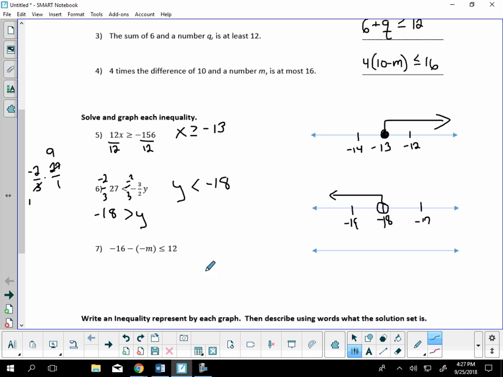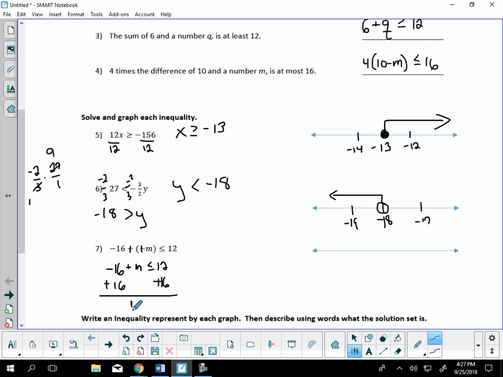On number 7, remember, 2 positives. You add the opposite. Think of that as plus m. You're going to then do the opposite. I have a minus 16, so I need to add 16. Oops, forgot my 1 there.